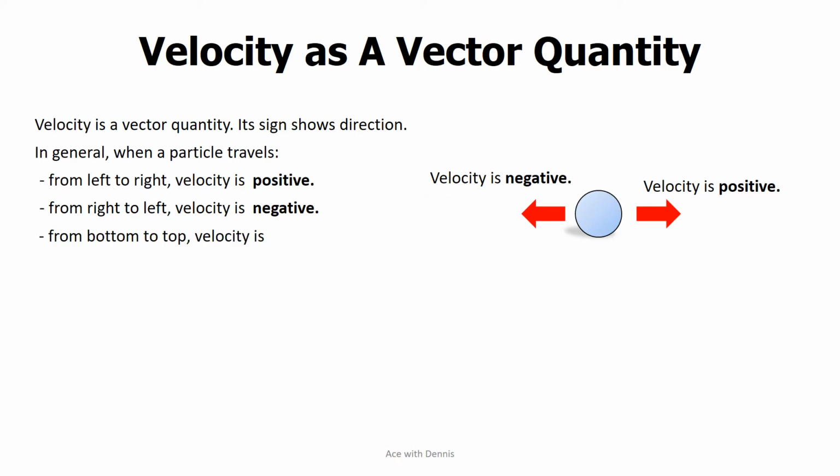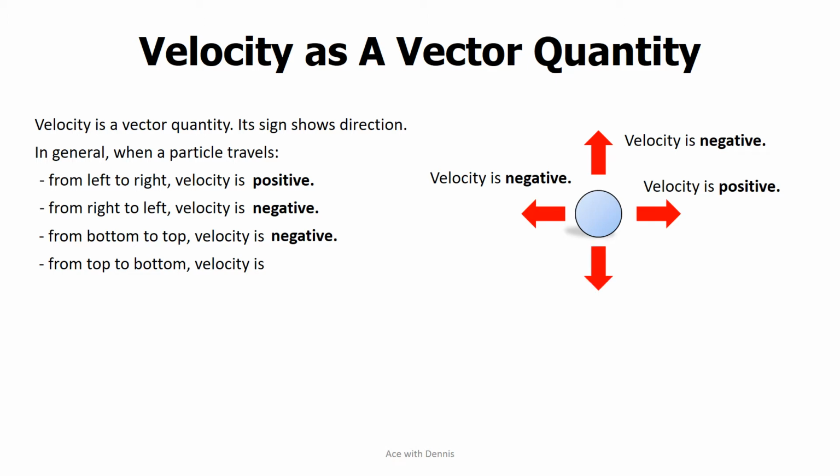Next, if it moves from bottom to top, maybe you think the velocity is positive, but usually we assume that it is negative. So the velocity is negative when it moves from bottom to top. In the opposite direction, where the particle travels from top to bottom, the velocity is positive. Now, you might ask, why is it so?